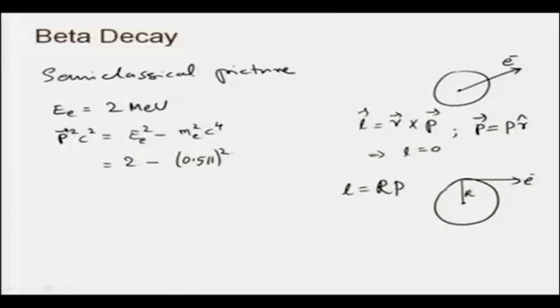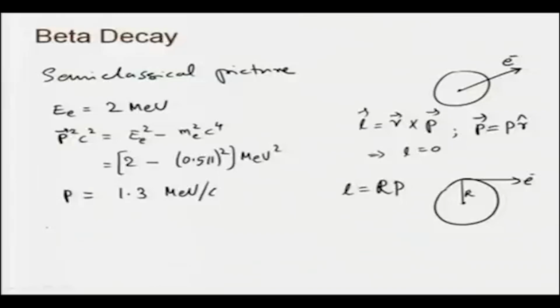So, square of this is in MeV squared. It turns out that if you calculate this, I will leave the algebra calculation to you, p turns out to be 1.3 MeV per c, or pc is equal to 1.3 MeV.